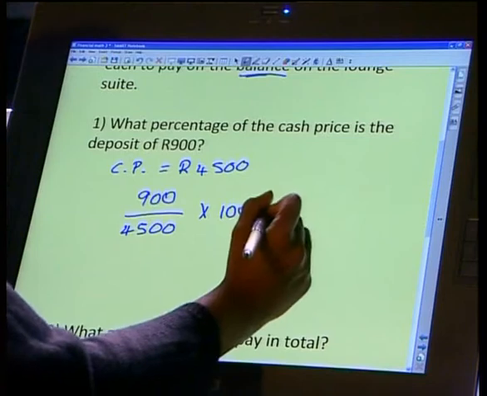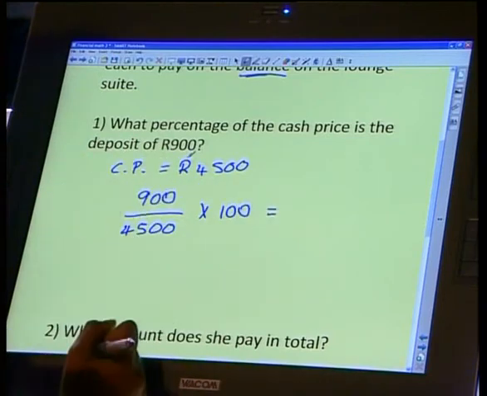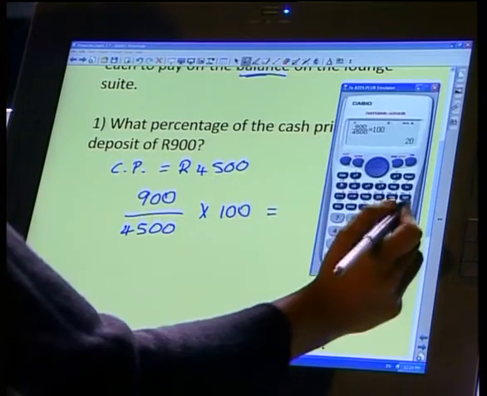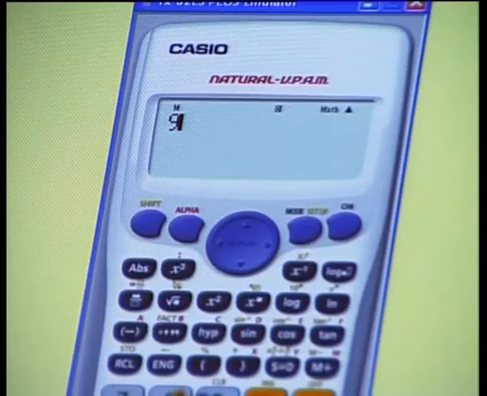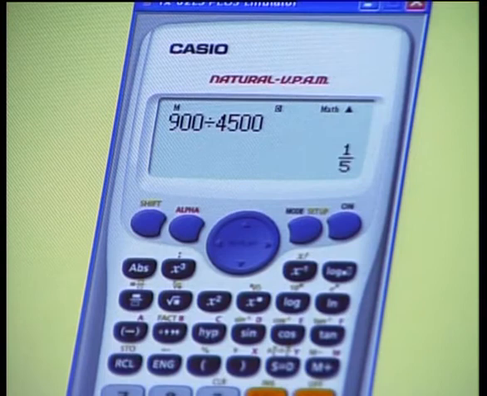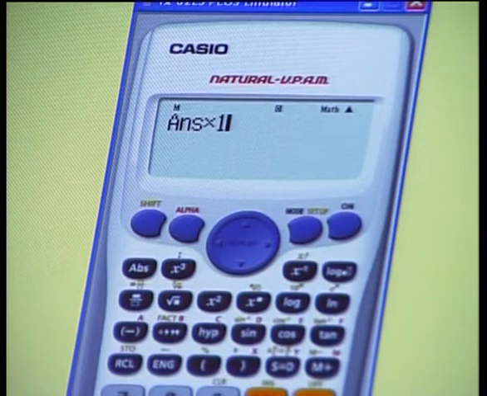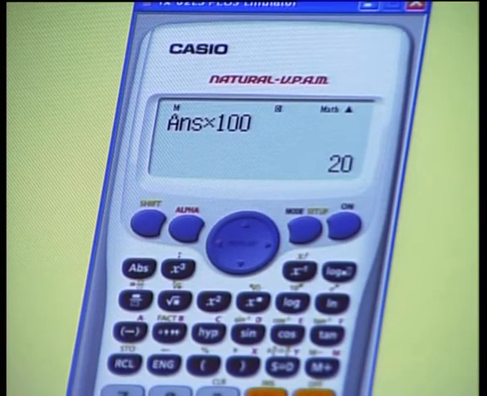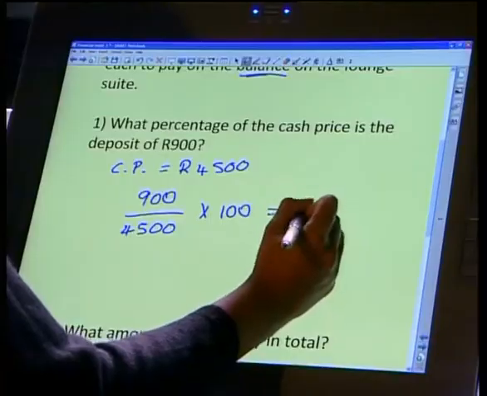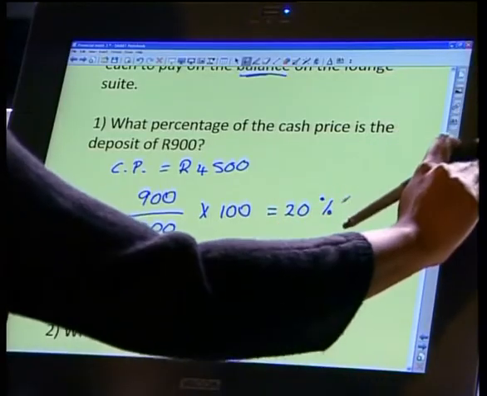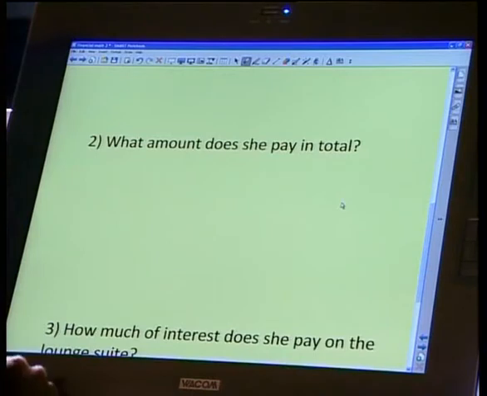And that will give me the percentage of the cash price that she is paying. So all we do is we take 900, divide that by 4,500, times by 100, and that gives us an answer of 20%. So she has to pay a 20% deposit.